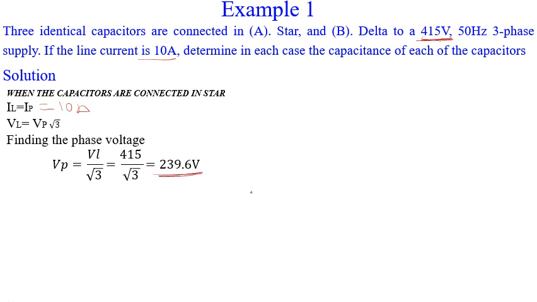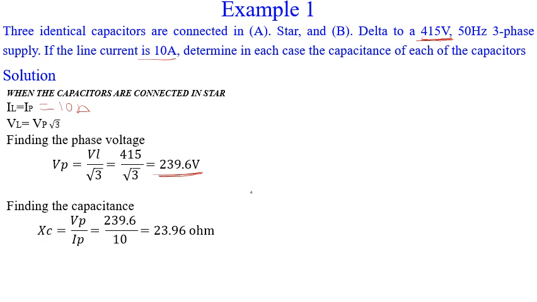After getting our answer, we now need to determine the capacitance in each case of the capacitor. How do we find it? We invoke our formula: Xc is equal to Vp, the phase voltage, divided by the phase current. This is Ohm's law.